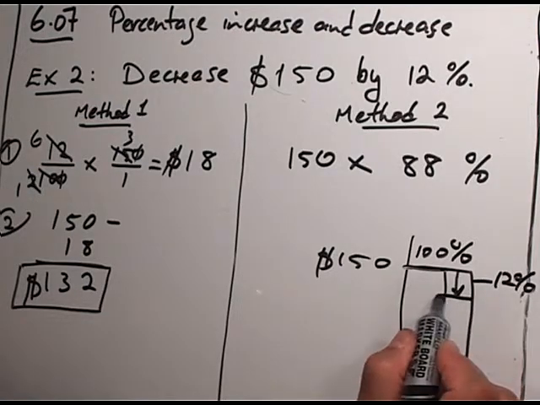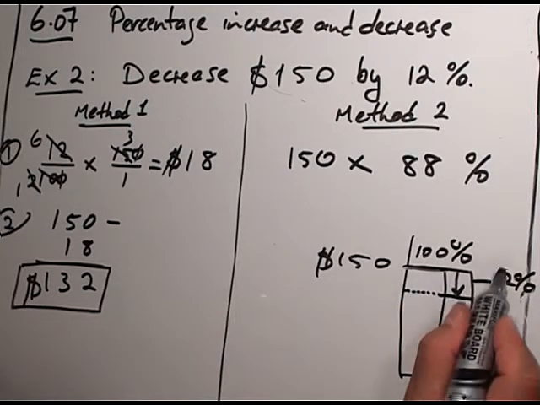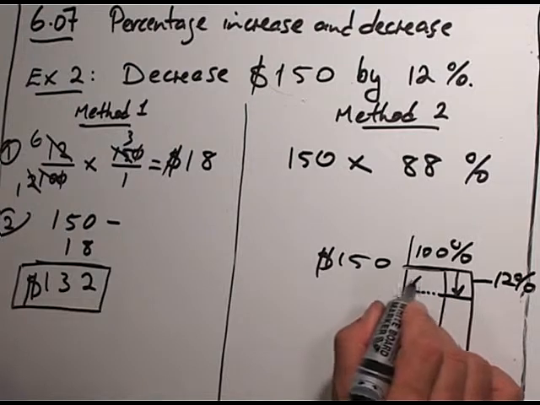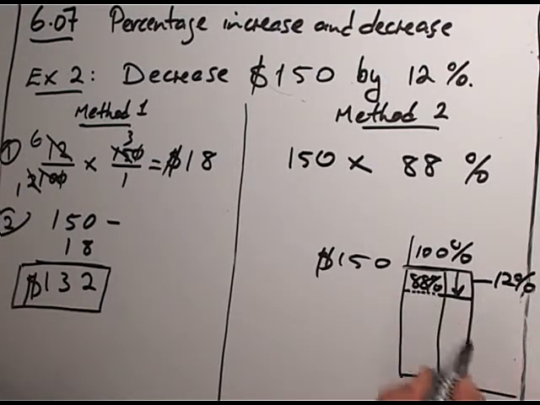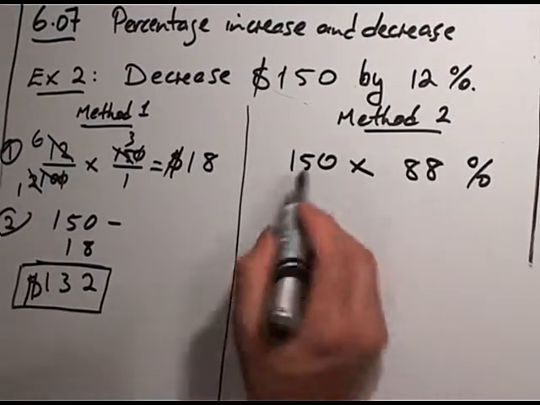So that means really this reduces to what percentage value? It becomes 100 minus 12, and this value here is going to be 88%. That takes me now down to the amount that I will have once I've taken away 12% from 150. So really I need to calculate what is 88% of 150, which is what I'm doing here.